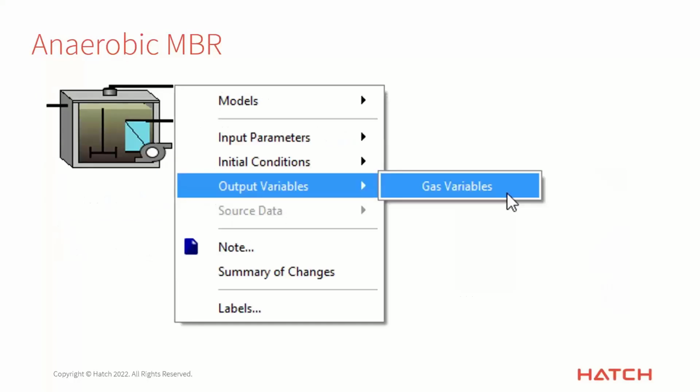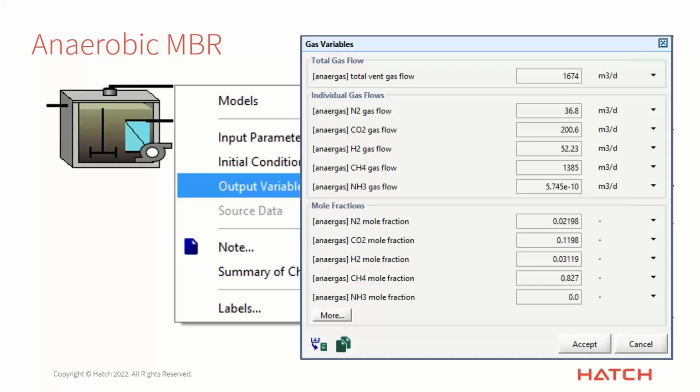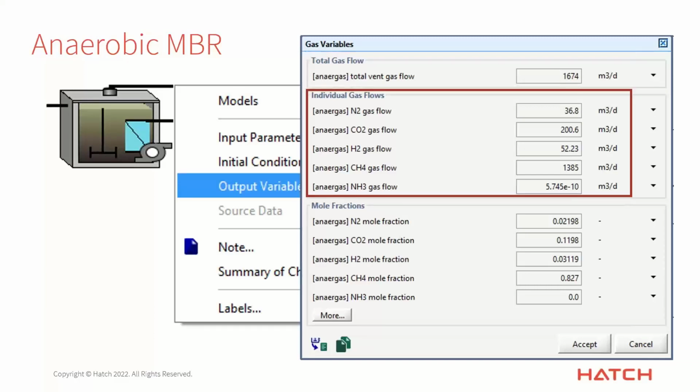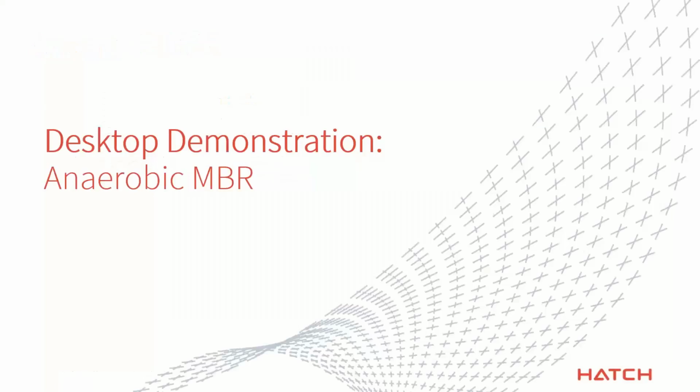Just like the digester, if you right-click on the gas connection point at the top of the anaerobic MBR and go to the gas variables menu, you will see a prediction of the gas flow, the total gas, and then the breakdown, so you can see how much CO2 you're getting and how much methane and so on.